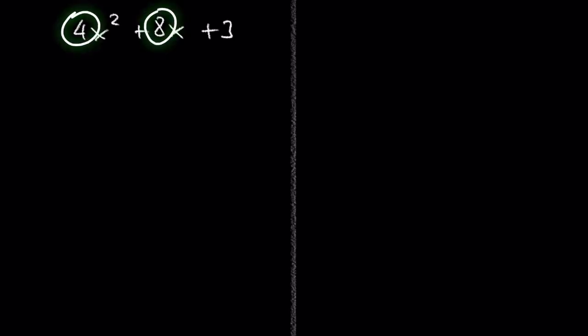Let's do an example where we can't factor the greatest common factor out to get the number 1 as a leading coefficient. 4x squared plus 8x plus 3. 8 is divisible by 4, but 3 is not. What we're going to do here is to multiply the 4 by the 3 first, which is 12.